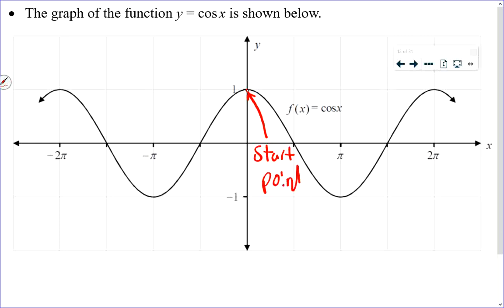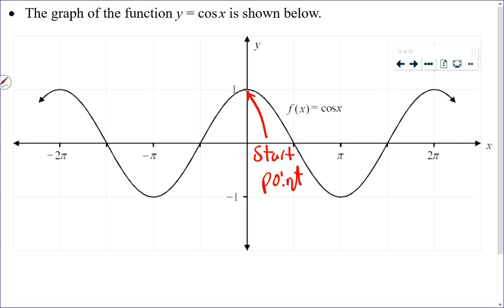Cosine starts at the top and decreases. It starts at the top of this graph because cosine at 0 radians has a value of 1, and as the angle increases, that value of cosine, which is the x-coordinate, gets closer and closer and closer to 0.